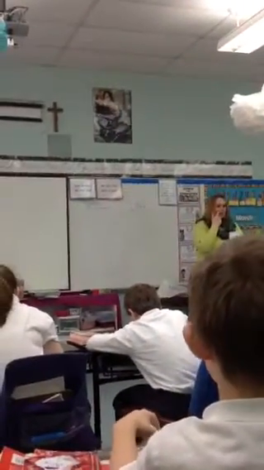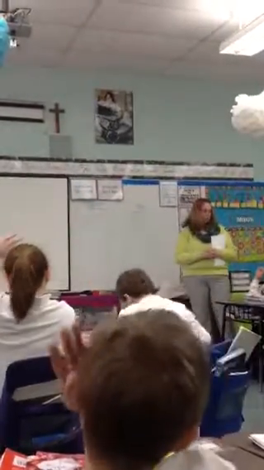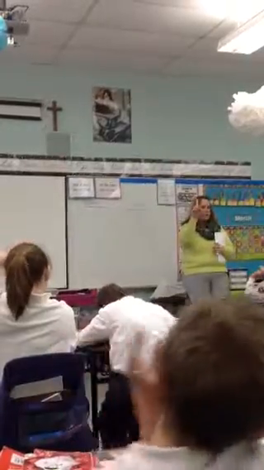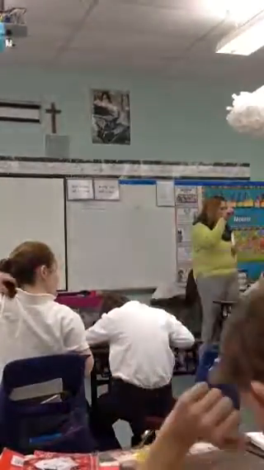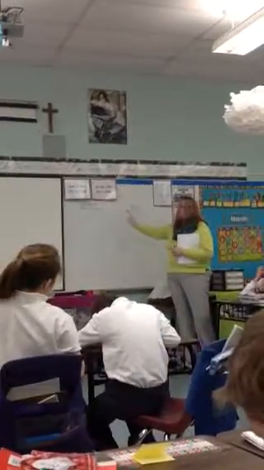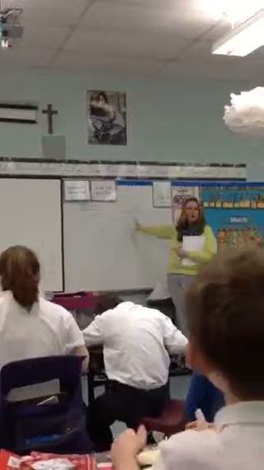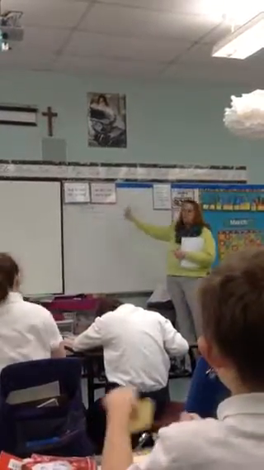All right, eyes on me. Let me explain again. We're going to compare and contrast Red with Gretel. On 1 sticky note, you're going to write how they are the same. On another sticky note, you're going to write how Gretel is different from Red. On another sticky note, you're writing how Red is different from Gretel.